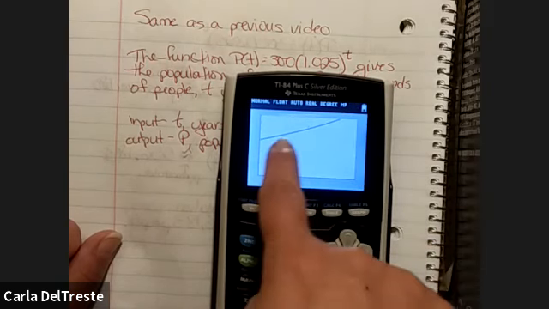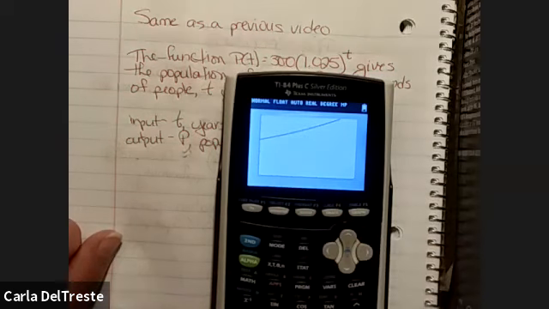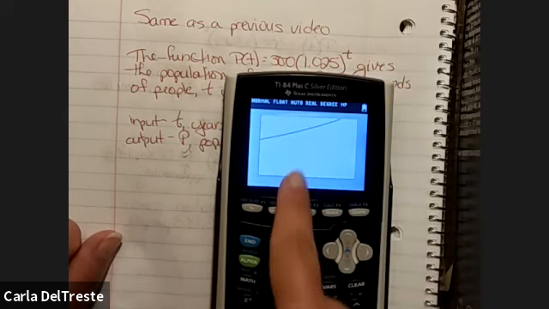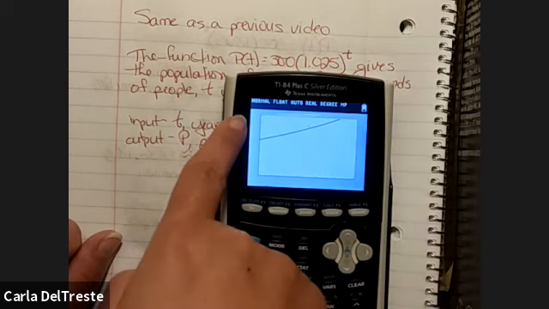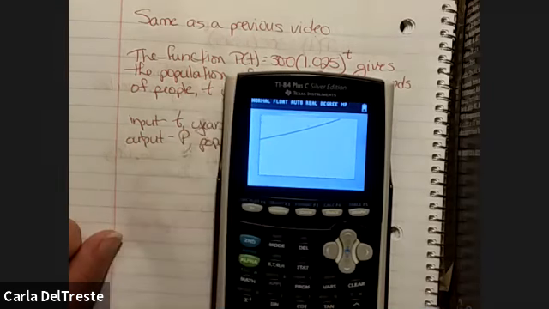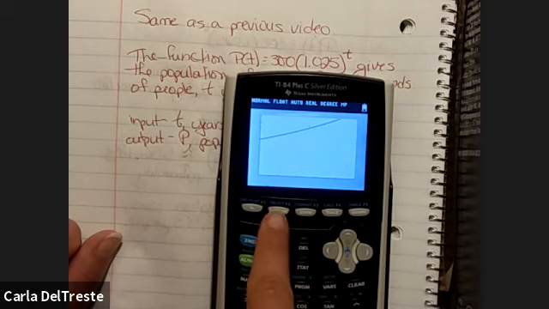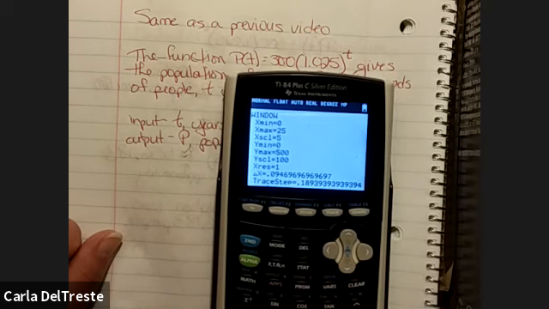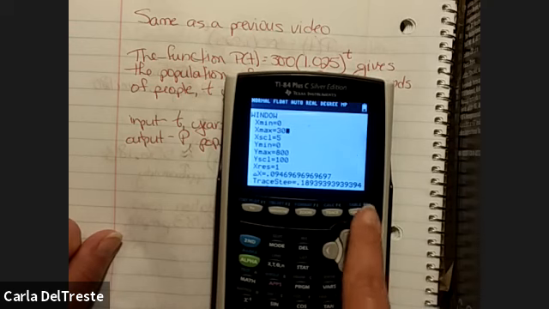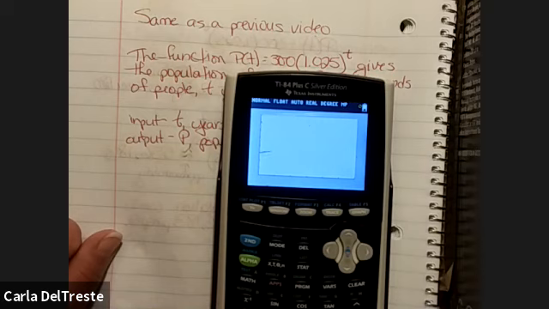Now, this doesn't look like much of a bend. If I wanted to really see more of this and exaggerate this, I could go back into my window and then increase this a little bit more. Okay, so maybe if I want to see a little bit more of a bend, maybe instead of 500 as a max, I'll go to 800, and then maybe I'll go out to 30, okay, 30 years, and then go back to the graph.